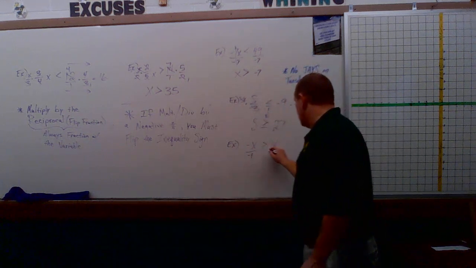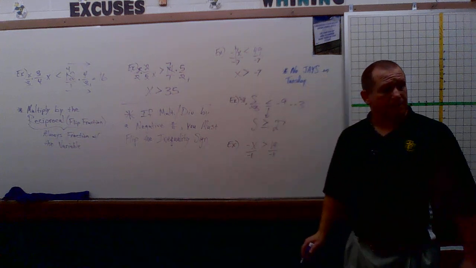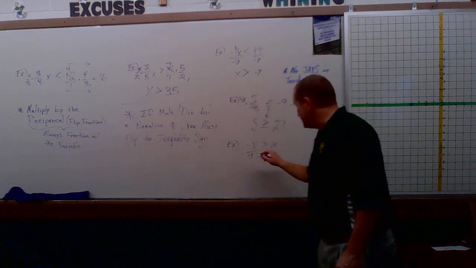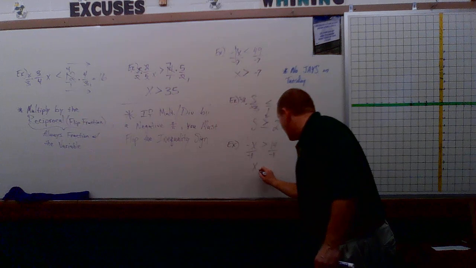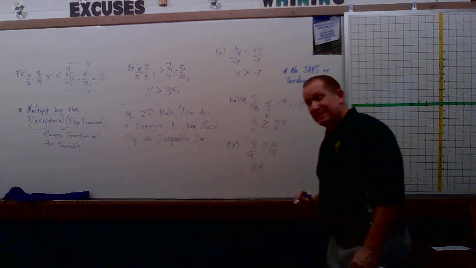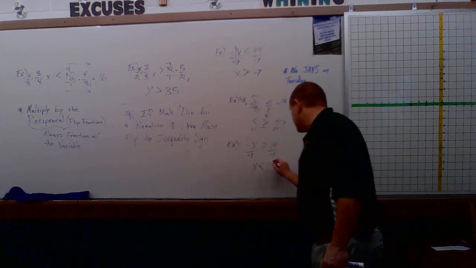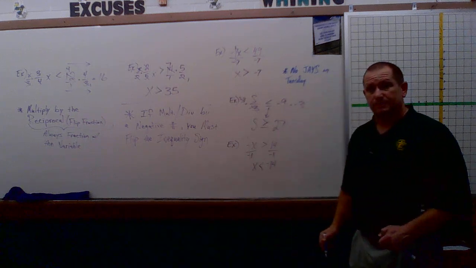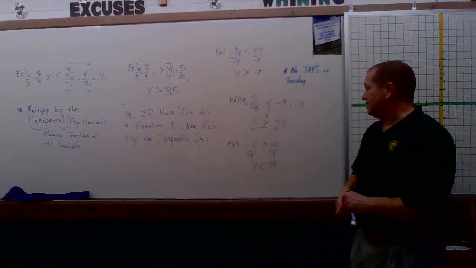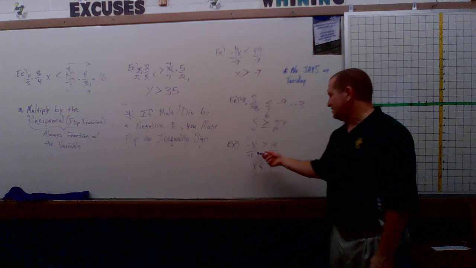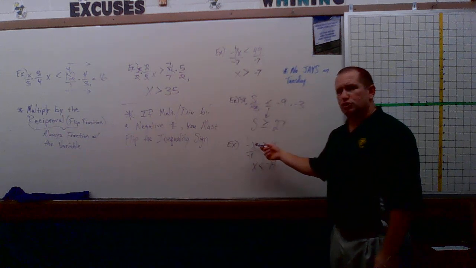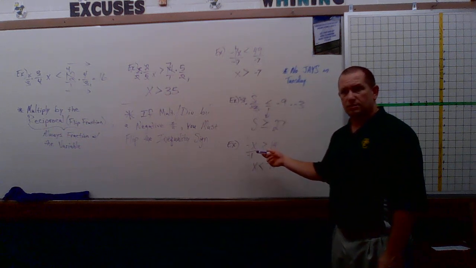Whatever I do to one side, I have to do to the other side. But because the bottom number is a negative, I have to switch my inequality sign, and it turns into x is less than -14. For whatever reason, people start going really fast, and they lose track of what they actually have to do here.